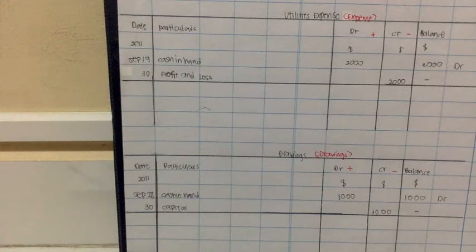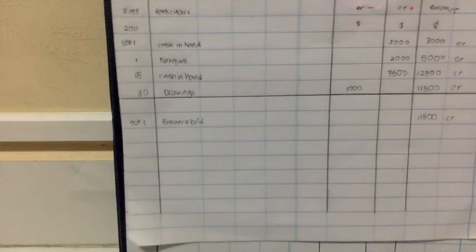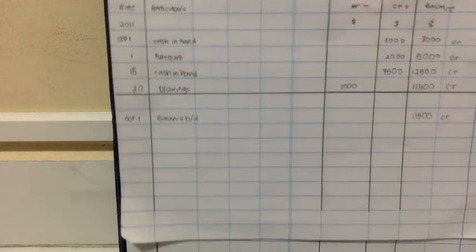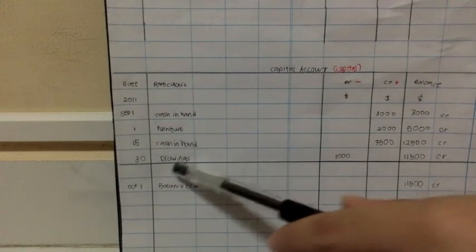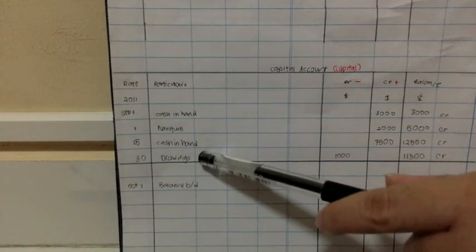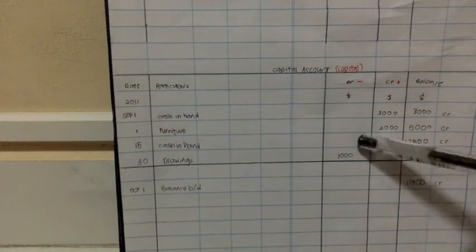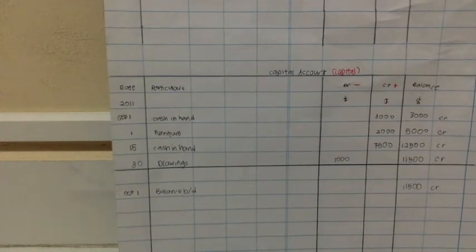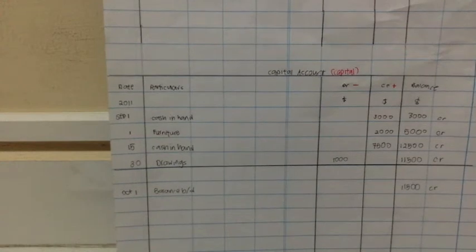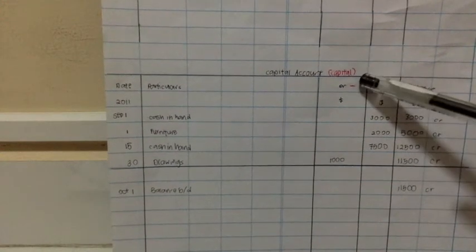Now, the last item that we will look at is our capital account. What happened is that on 30th, the last day, the drawings has been transferred over. Drawings reduces capital, reduces owner's equity, so therefore it is a debit.